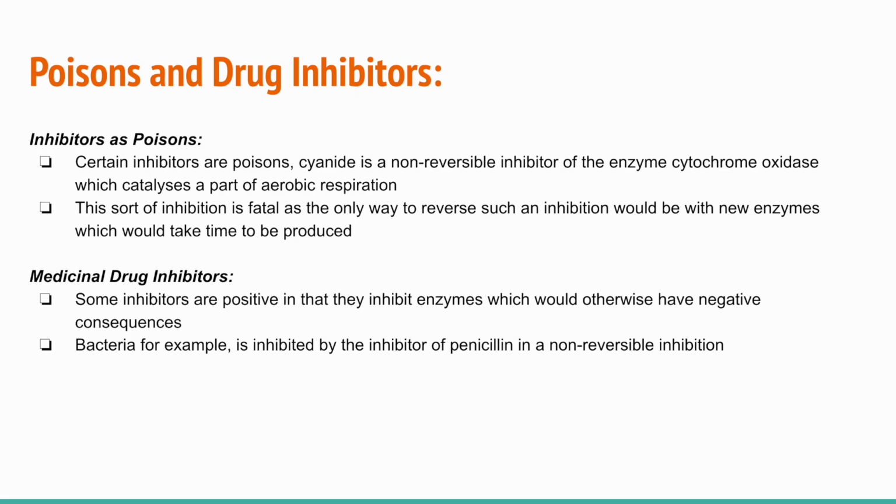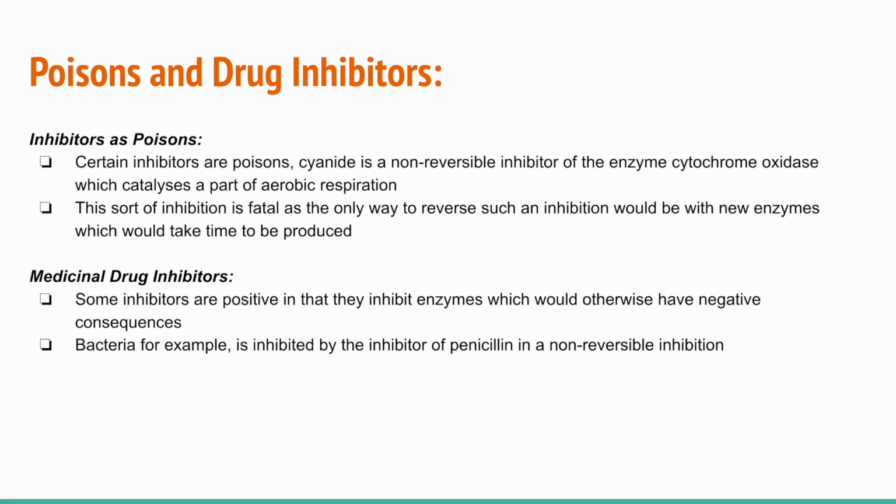So this sort of inhibitor is fatal, as the only way to reverse such an inhibition would be with new enzymes, which would take time to be produced. Cyanide is a type of metabolic poison, essentially, as it prevents a metabolic reaction from occurring properly. And metabolic poisons can be used in research to better understand enzyme function in certain reactions.